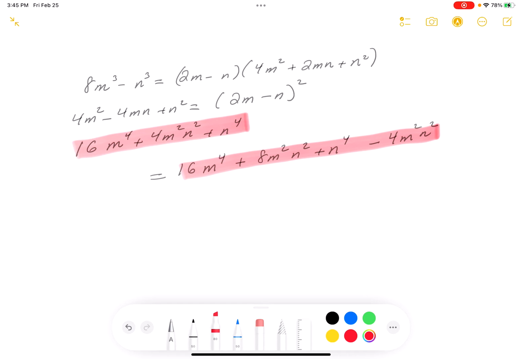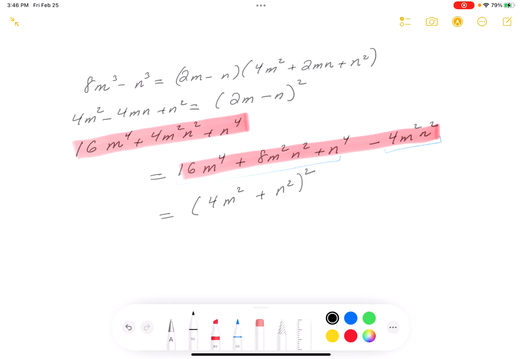Now, the big question is, why did I do that? I did that so I could see a perfect square here and a perfect square here. So let's write down what the perfect square is. It's going to be 4m squared plus n squared, squared.